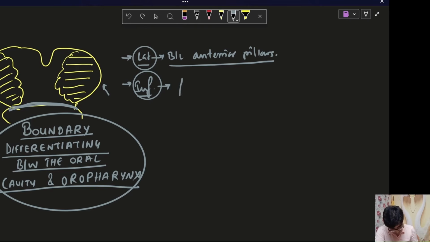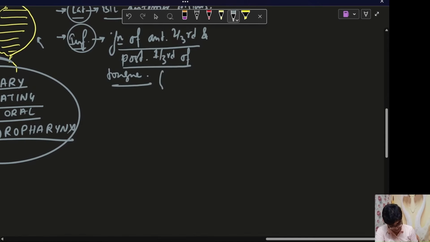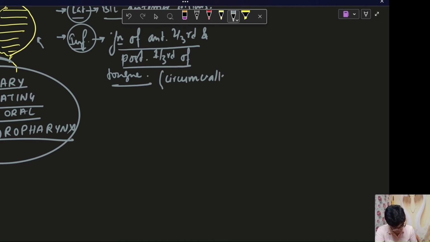So it is the junction of anterior two-third and posterior one-third of tongue. Okay, which is actually nothing but the line demarcating the starting of the circumvallate papillae. Correct?